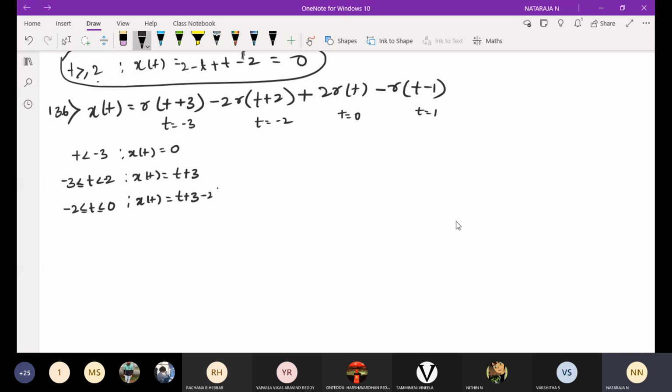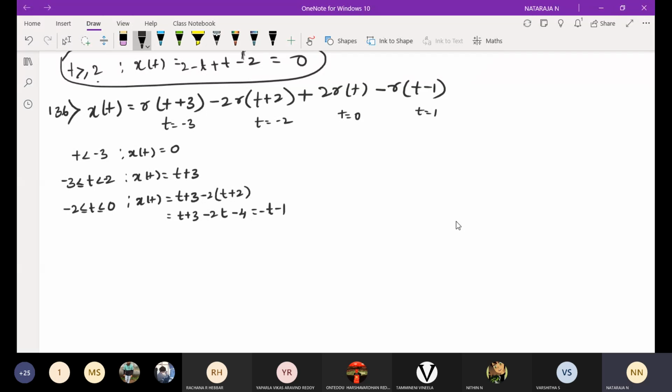Then you will get t plus 3 minus 2t minus 4. What you will get finally? Minus t minus 1.